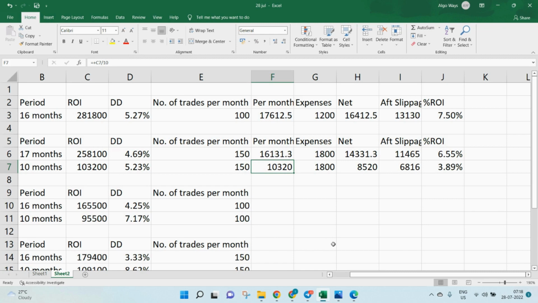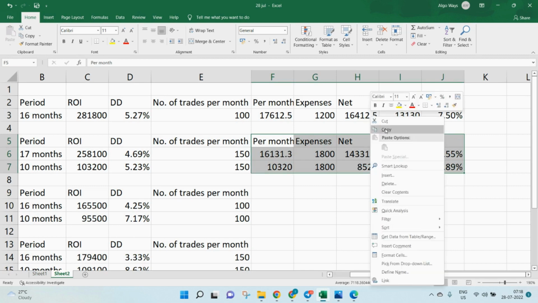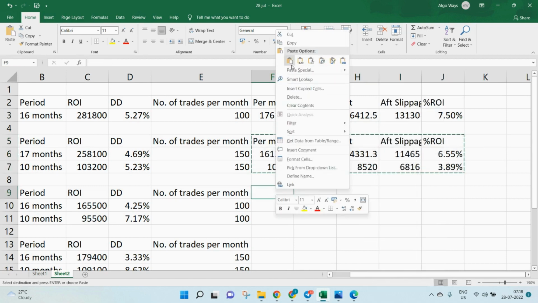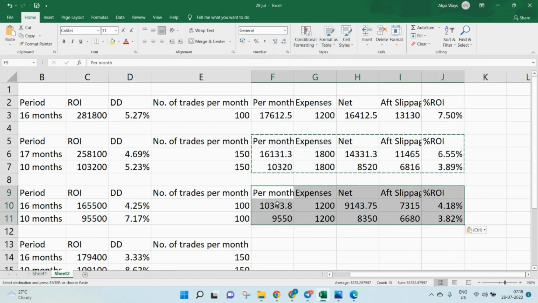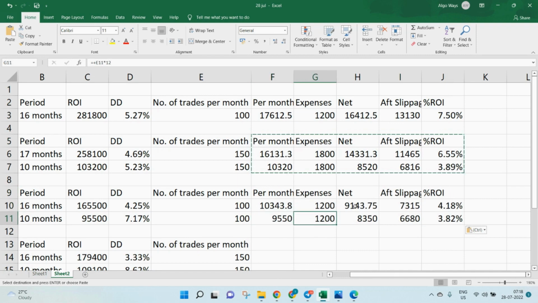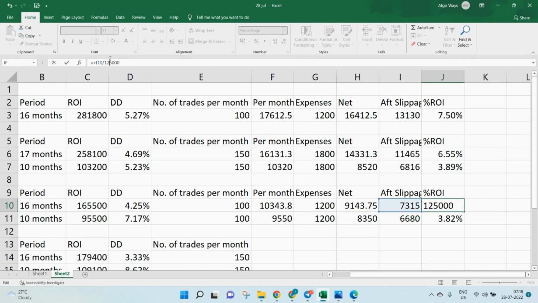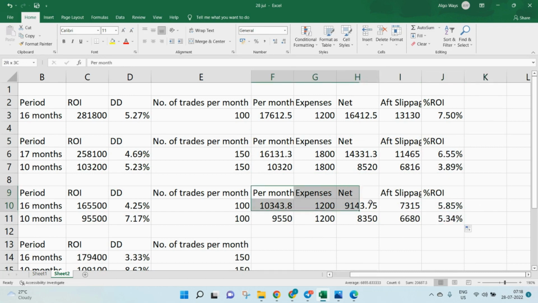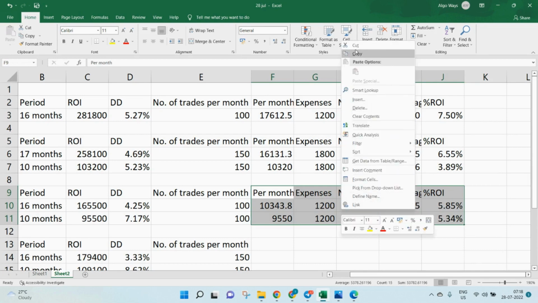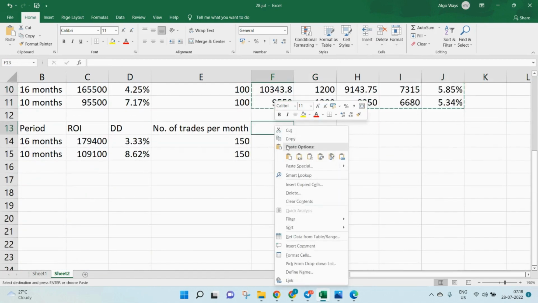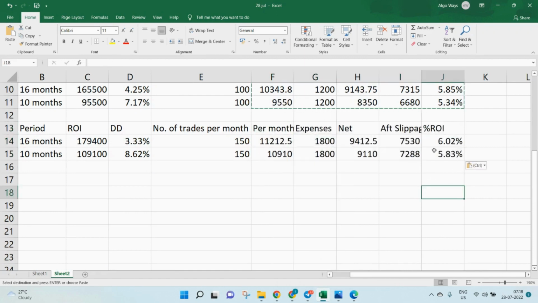We are comfortably placed with 6 to 7% kind of net return after considering slippage also. This is for Nifty. So Nifty 16 and 10 expenses. Okay, so here we will have margin as 125. So this is the result. Similarly, we can take the 12% scenario as well. Again, same thing. 6%, 5.8. So these are the net returns.